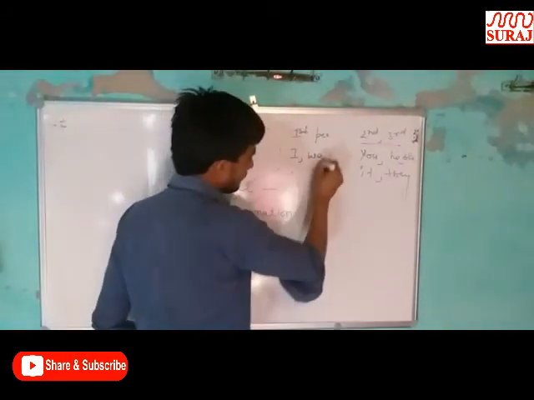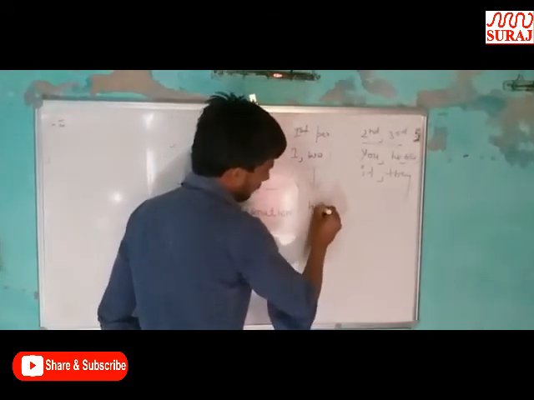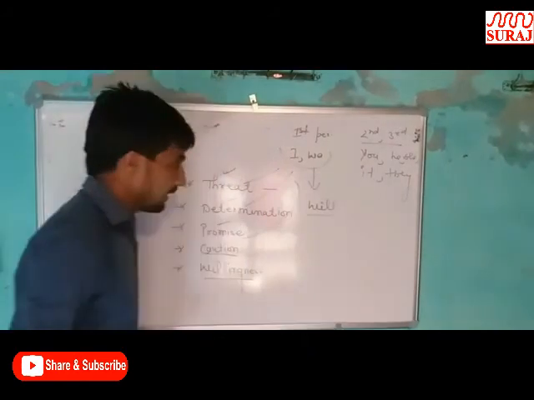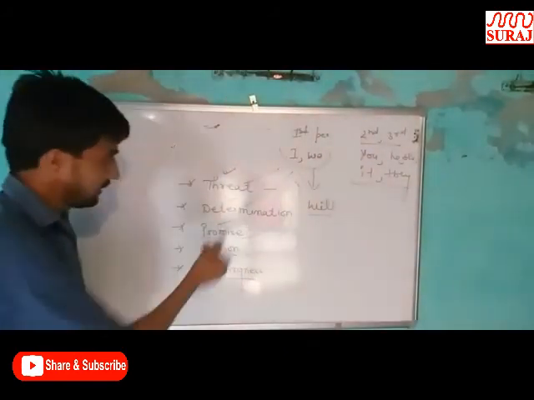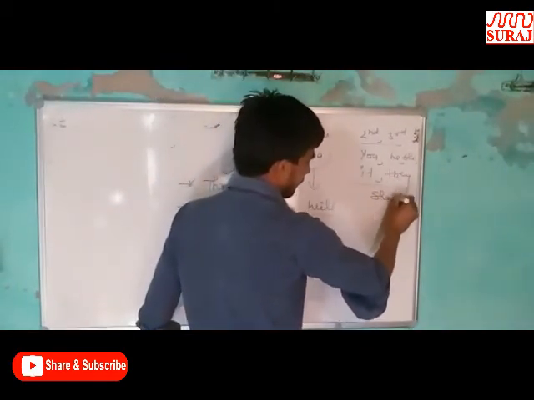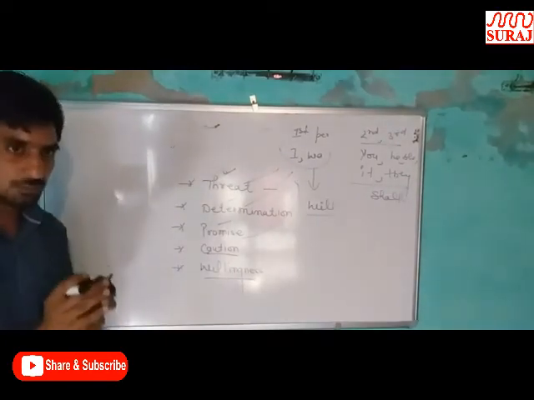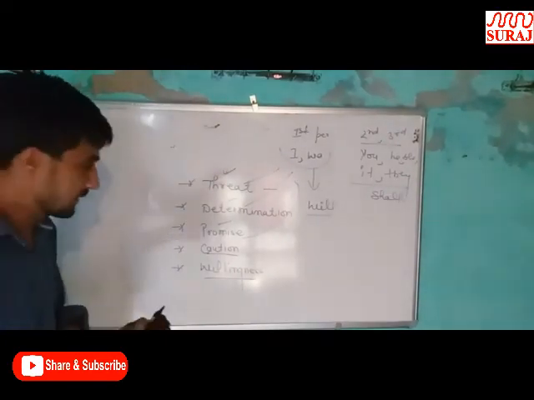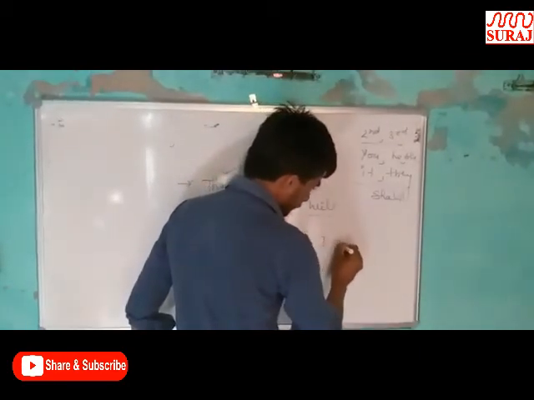If we express threat, determination, promise, and all these in any sentence with the first person, there will be use of modal will, and in the same condition, with the other persons, there will be modal shall.